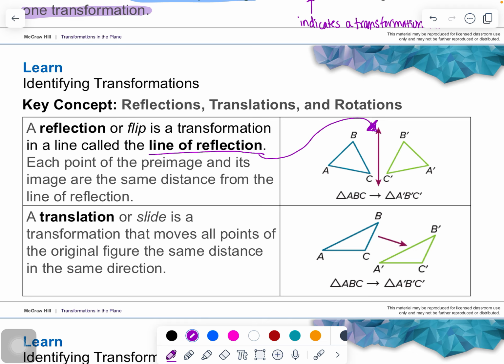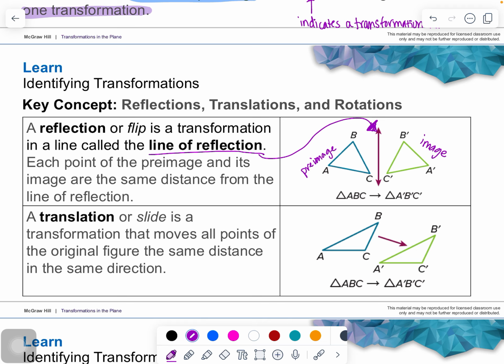It sits between where the image was. Or sorry, I wrote that wrong. This is the pre-image, and this is the image. When I say pre-image, I mean where it used to be, and image means where it now is, where it's moved to.